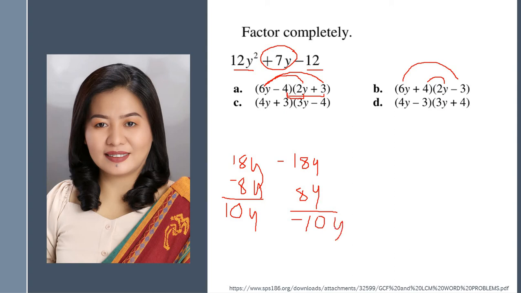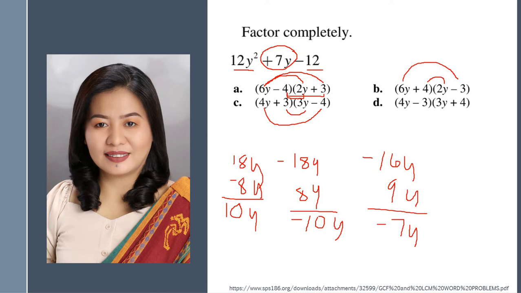So our C, 4 times negative 4 is negative 16y, and 3 times 3y is 9y. So this time it gives us a negative 7y. But our given has a positive 7y.